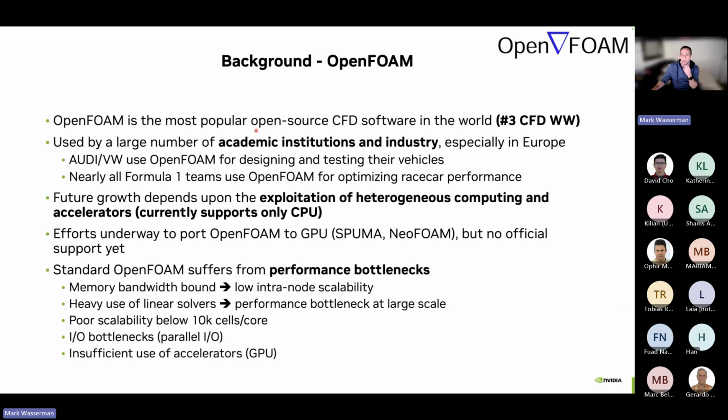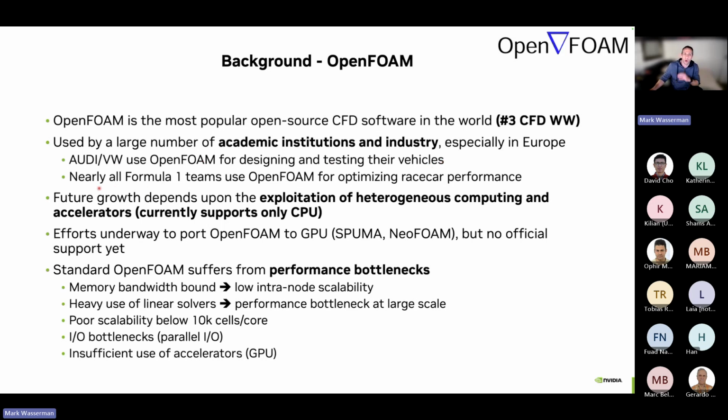It's used by a large number of academic institutions and industry, especially in Europe, but also outside of Europe. Two examples that I chose to bring here are Audi and Volkswagen, which are two very big car manufacturers, and use exclusively OpenFOAM for designing and testing their vehicles, all of their vehicles.